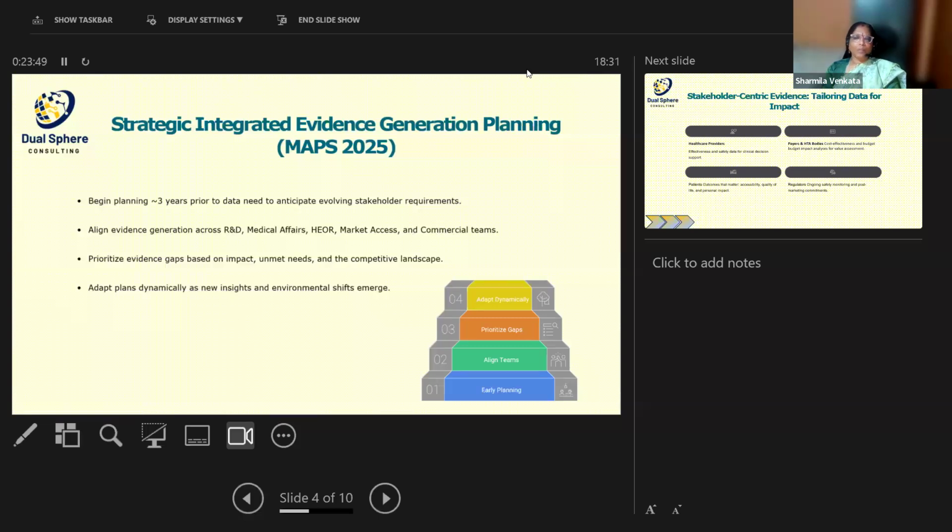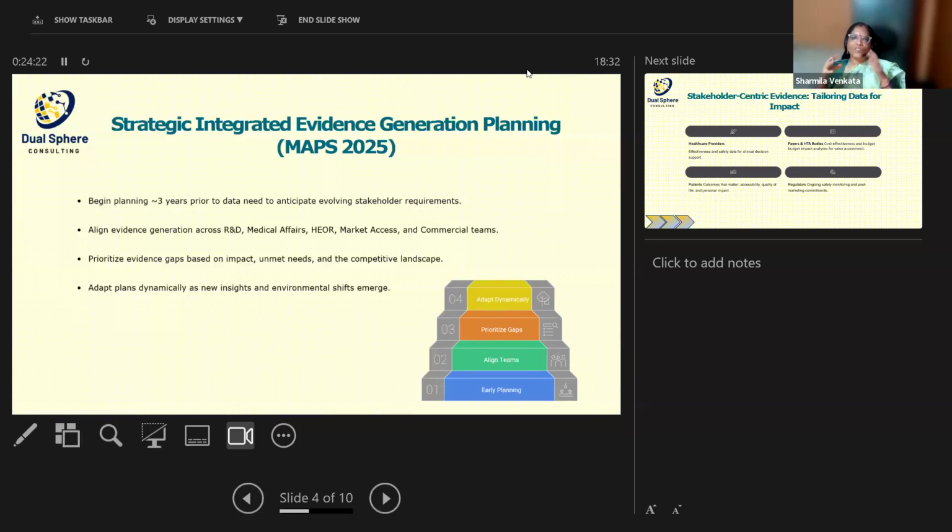So, for example, for a rare disease therapy, early planning ensures that post marketing studies, patient registries, and real world safety data are ready to share with payers and HTA bodies the moment the product launches. And the second one is aligning with the teams. What it means? Evidence generation is not owned by one department.